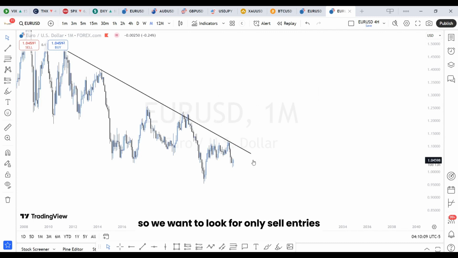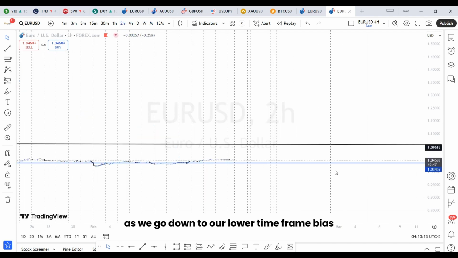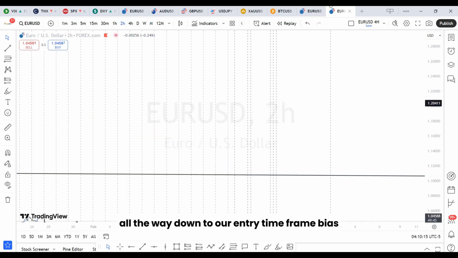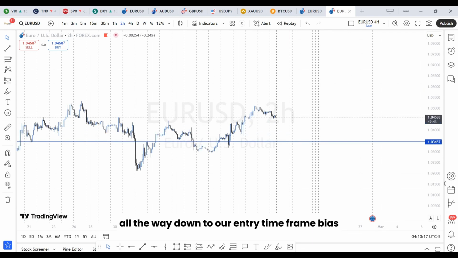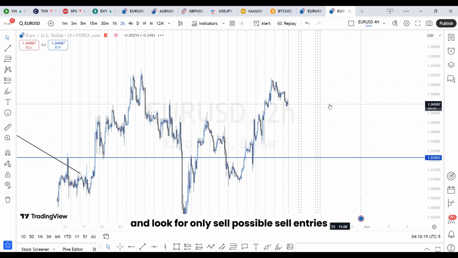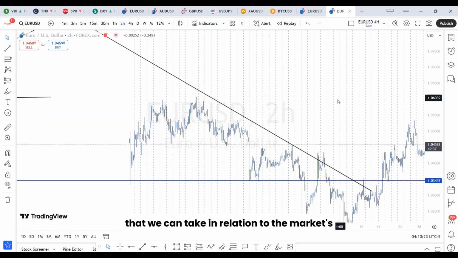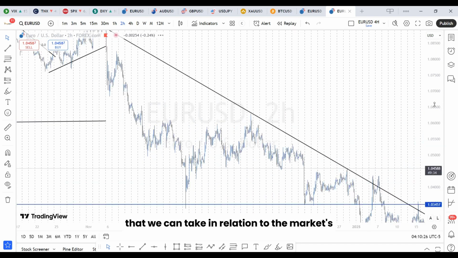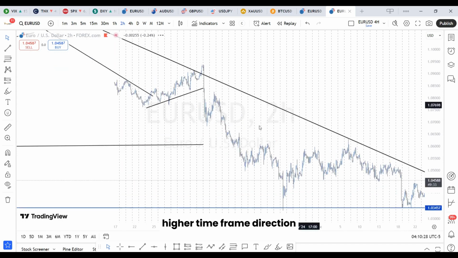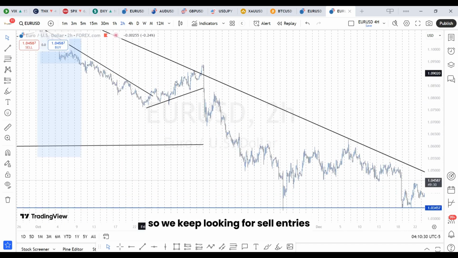So we want to look for only sell entries as we go down to our lower time frame buyers all the way down to our entry time frame buyers, and look for only possible sell entries that we can take in relation to the market's higher time frame direction. So we keep looking for sell entries based on our trading strategy.